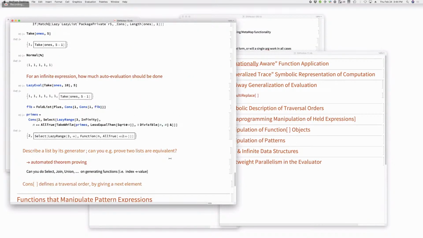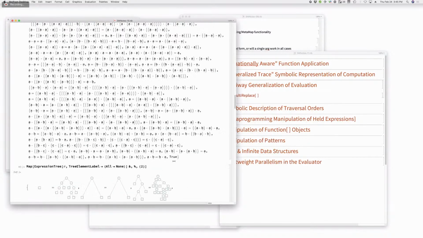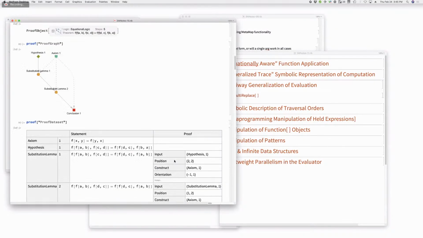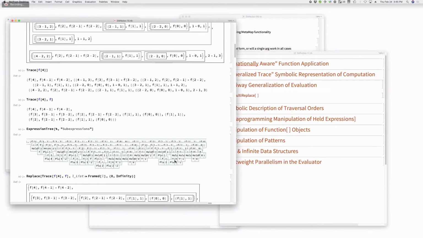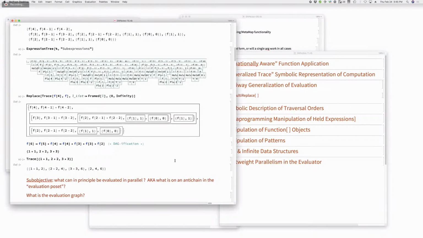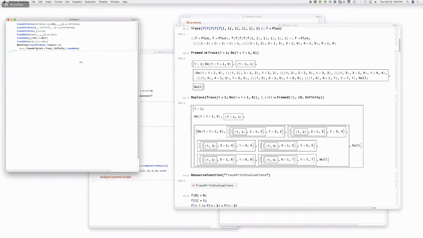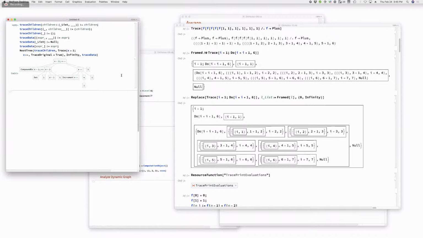So where would we have a good sample of trace output? Do you have a good sample of trace? You should have a function definition there. Okay, F of 0, F of 1. In that other notebook, yeah.